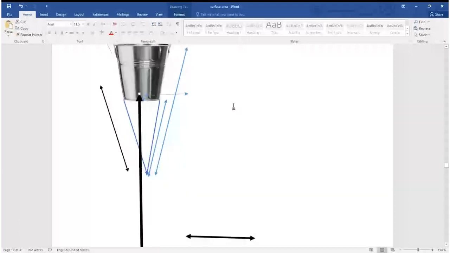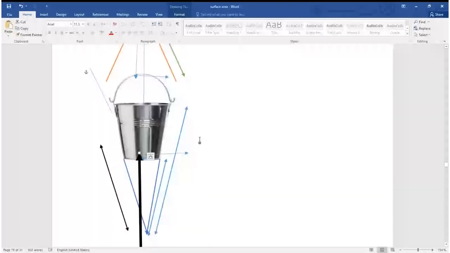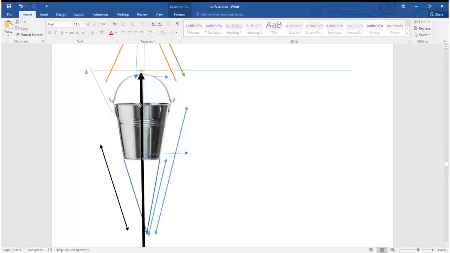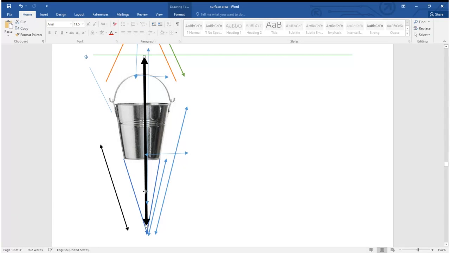This is the height of the big cone, from here to here. That one now is forming the height of the big cone. So capital H.